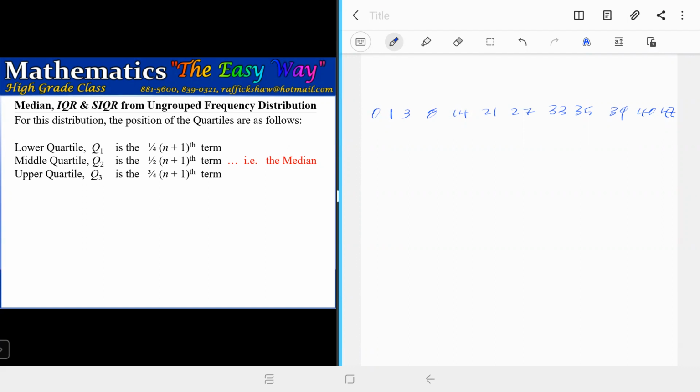We already know how to divide up this data to get the quartiles. Find the median first. Since there are 12 values, you must have 1 in the middle, 6 and 6. So you have 1, 2, 3, 4, 5, 6, then one in between, and 1, 2, 3, 4, 5, 6.